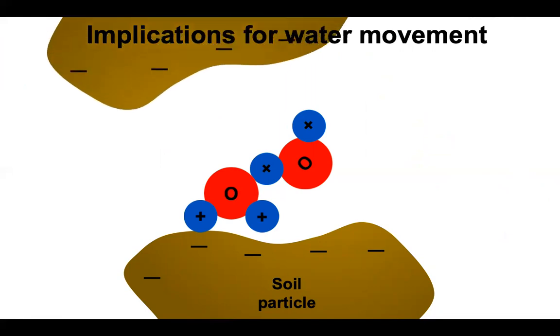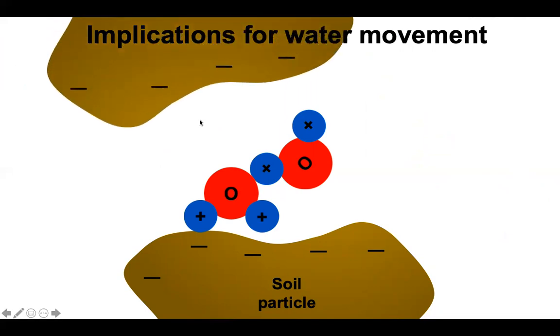However, when there's another soil particle close by, say as in a small or medium-sized pore, what ends up happening is that soil particle, which is again negatively charged, has its own water molecules that are stuck to it, adhering to that surface. And in turn, that water molecule can be attracted to the positive end of another water molecule.